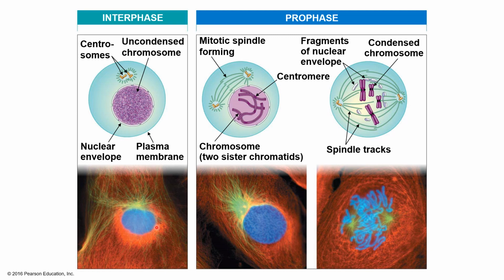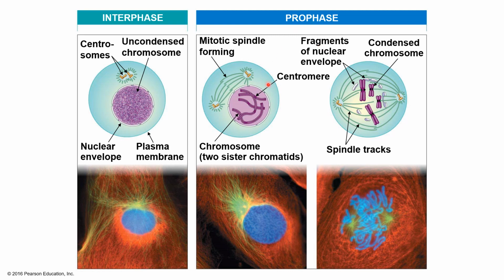Interphase, you're not going to see those chromosomes yet because the chromosomes have not condensed yet. So after we go through interphase, and during that stage the DNA is duplicating itself during the S phase, we move on to the first stage of mitosis, and that is prophase.